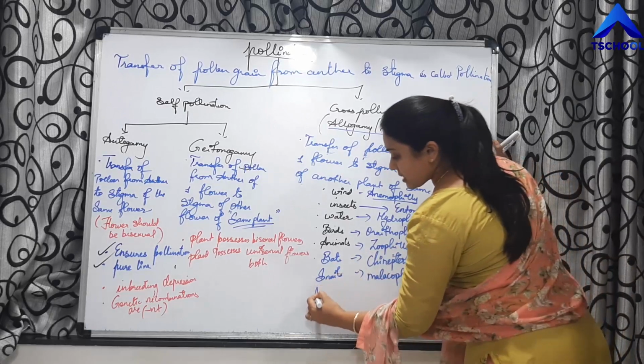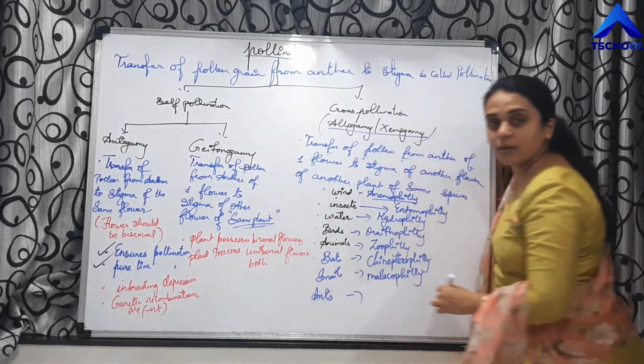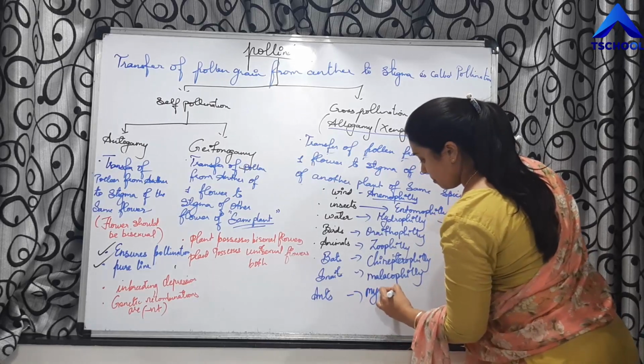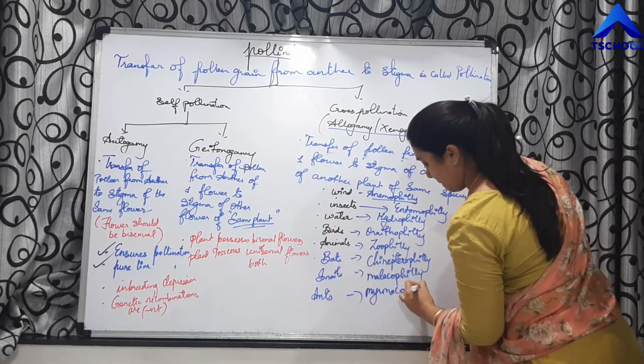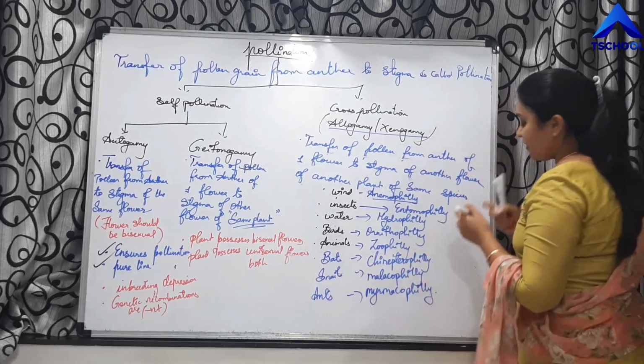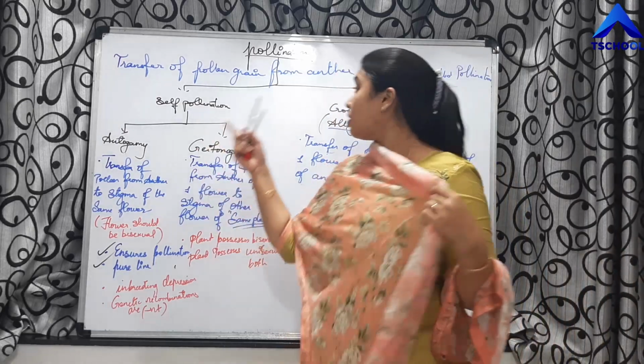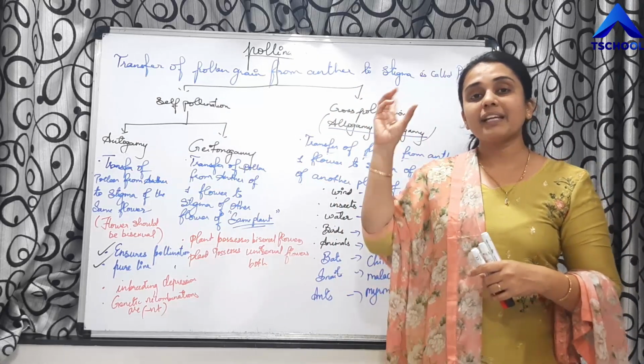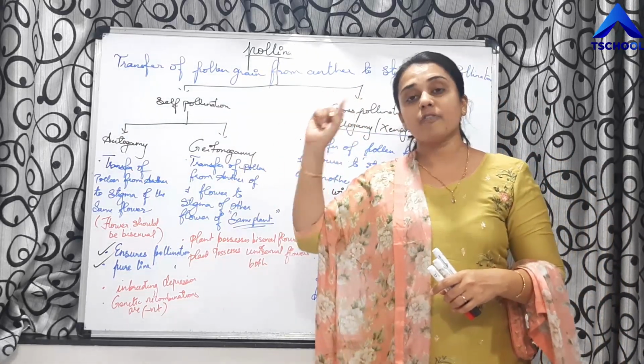If ants are helping in pollination, it is called as myrmecophily.